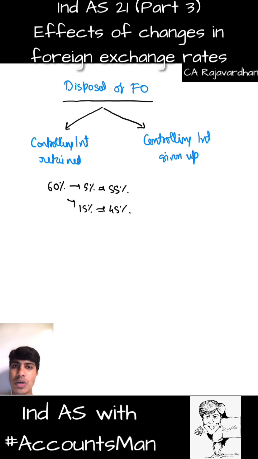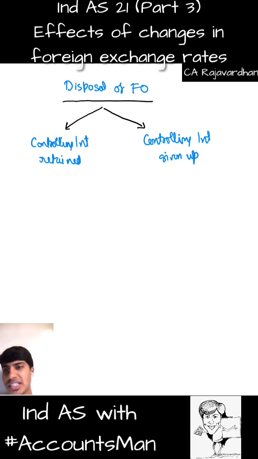Assuming that I don't have any other control on the company other than equity, it is no more my subsidiary because I hold only 45%. I hold lesser than 50. So it is no more in my control. So if you lose the control on that company, how do we account it? And if we don't lose the control of that company, how do we account it? That is the point of discussion. So if we still have the control, it is called controlling interest retained. If we don't have the control anymore, it is called controlling interest given up.